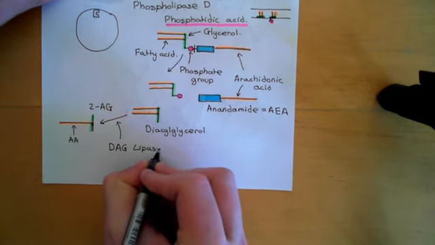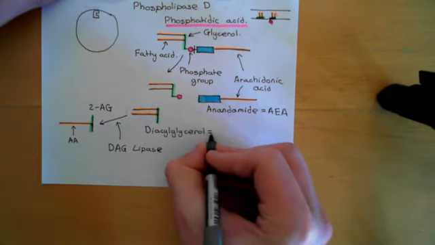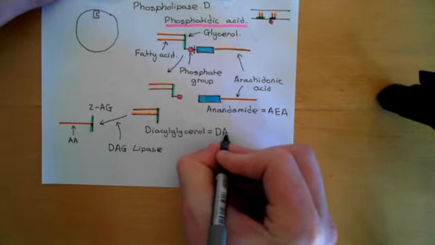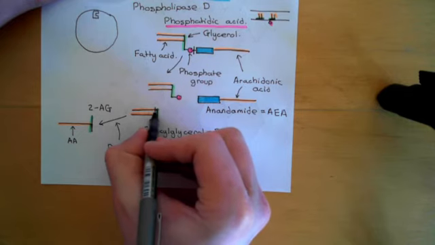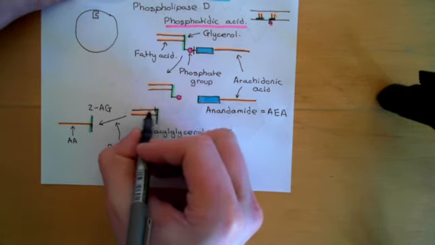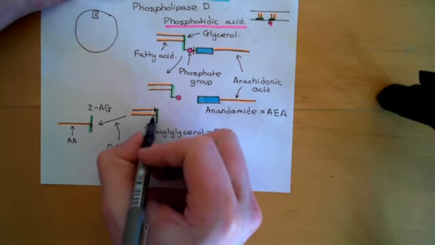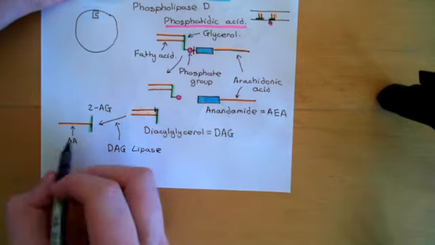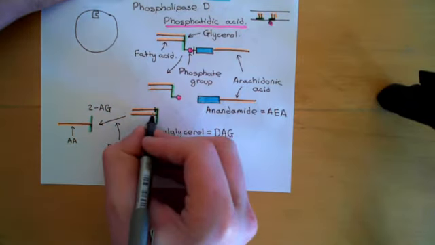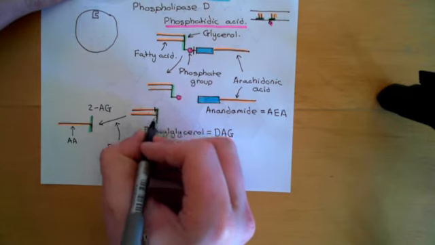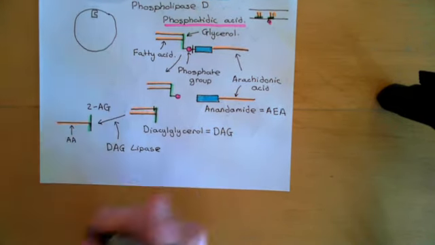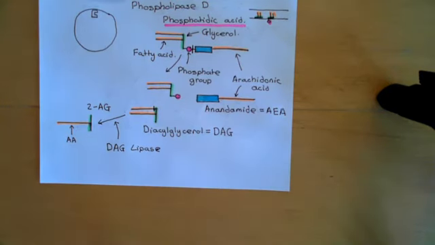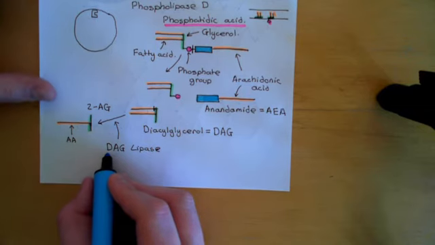I should have mentioned that diacyl glycerol molecules are often abbreviated to DAG molecules. So the enzyme that cuts one of these long-chain carboxylic acids off from the diacyl glycerol, and therefore yields just the monoacyl glycerol with that long-chain carboxylic acid attached in the second position, is called a diacyl glycerol lipase.